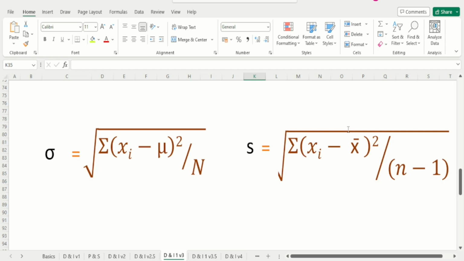And remember that when you use a smaller value in the denominator, it exaggerates the overall expression, or increases its value. So in this case, if you were to use small n and not n minus 1, you'll get a smaller value of standard deviation. But when you use n minus 1, the denominator becomes smaller. As a result, your overall standard deviation increases.